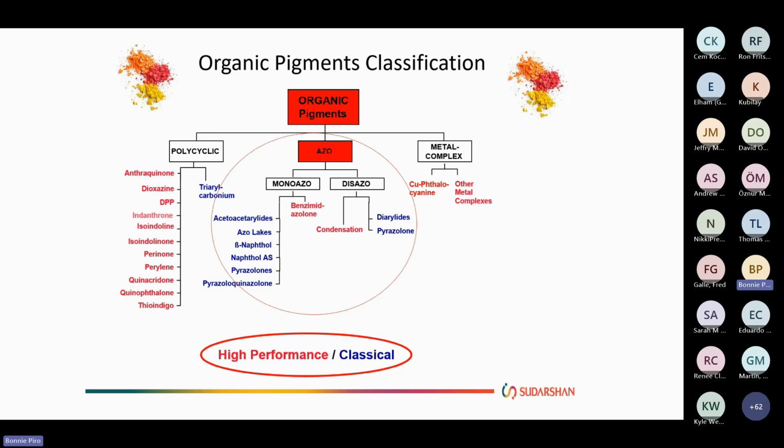They are in two categories, the monoazo and the disazo. And they also span both high performance pigments as well as the classical pigments. And those are the definitions with respect to some of the technical performance properties.